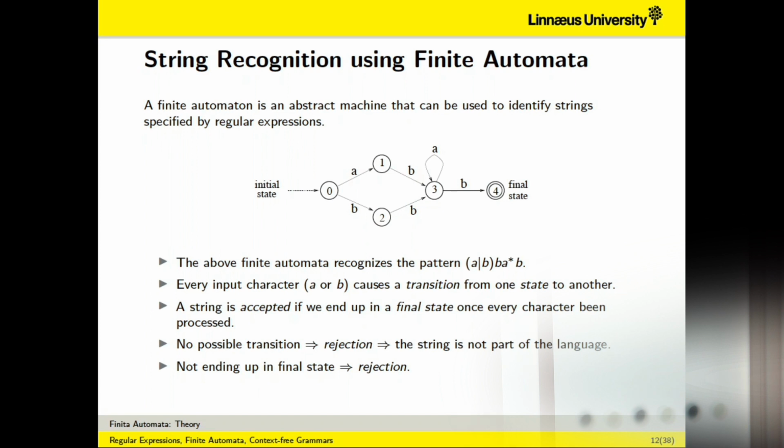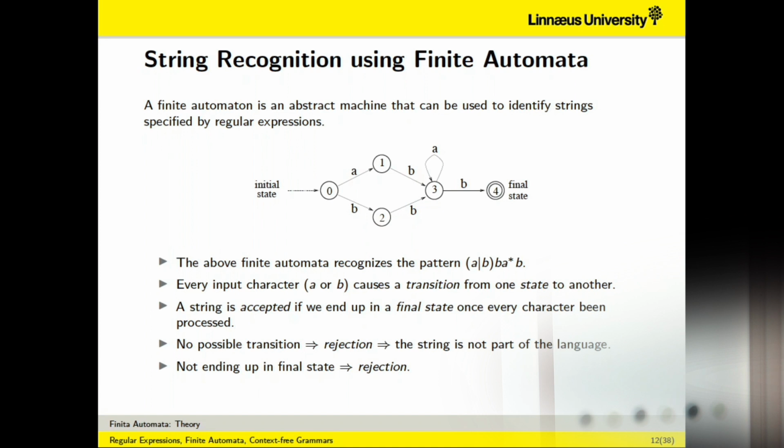So for example, here we have this regular expression: A or B, and then B, A comes many number of times, and then it ends with the B. And here we have this automata.